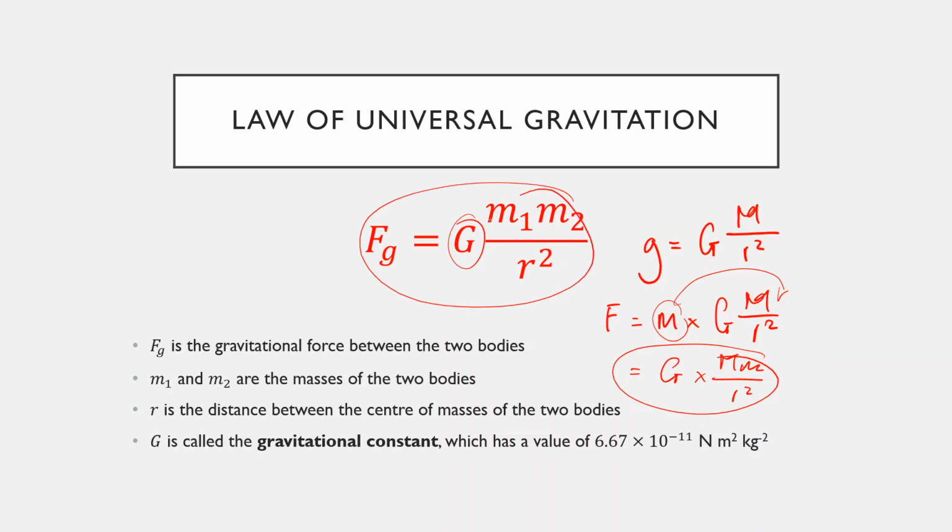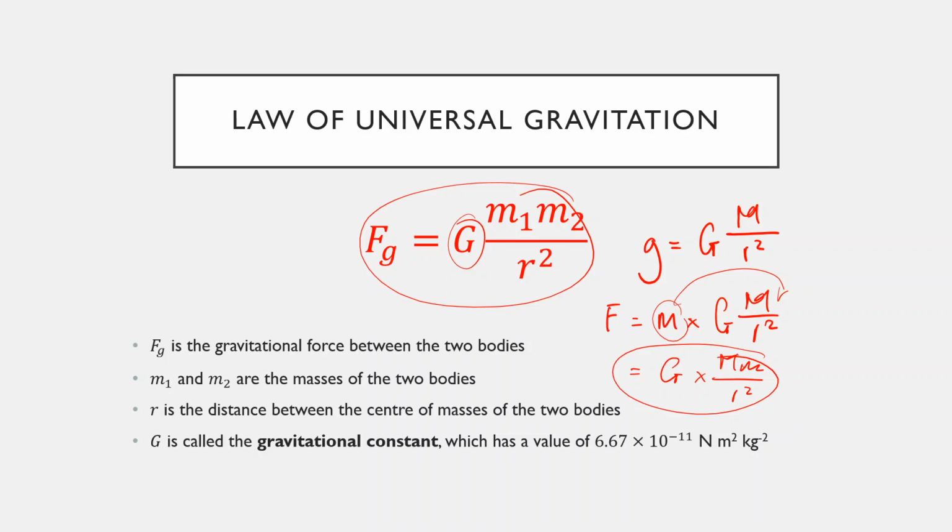What the equation is saying is that one of these masses is producing the gravitational field. The other mass is the mass that's experiencing the force due to that field. But you can just as easily swap those two masses around in the formula, and say that mass number 2 is the one creating the field, and mass number 1 is the mass experiencing the force due to that field.